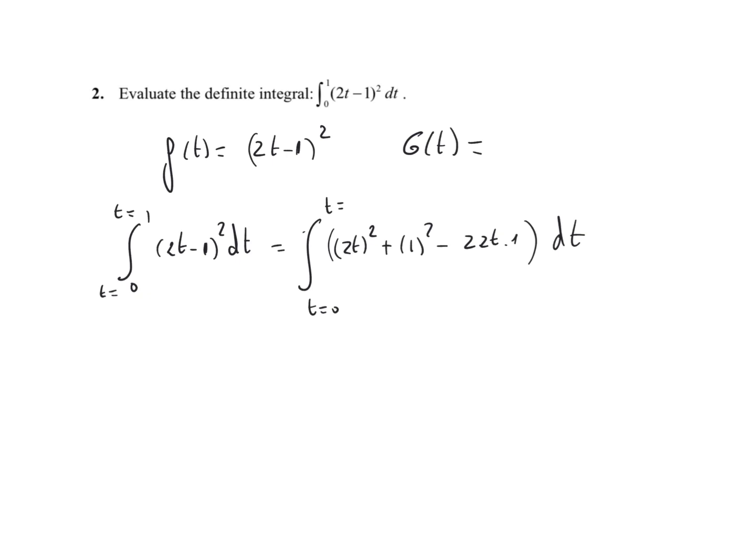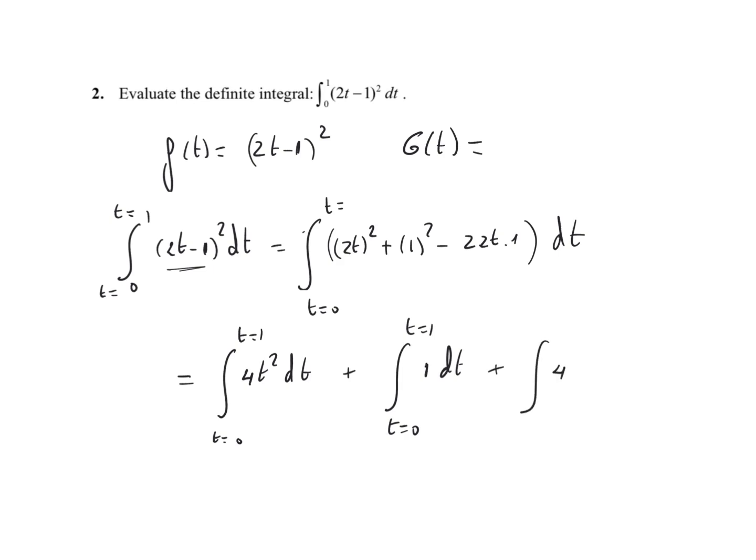So what I have done is I have developed this square. So the integral will be the integral of 4t squared dt between t equals 0 and t equals 1, plus the integral of 1 squared, which is 1, dt, again between t equals 0 and 1, plus the integral of 4t dt, again between t equals 0 and 1.